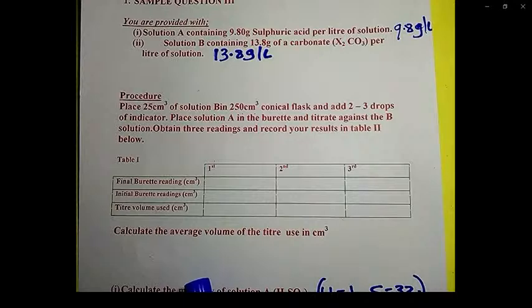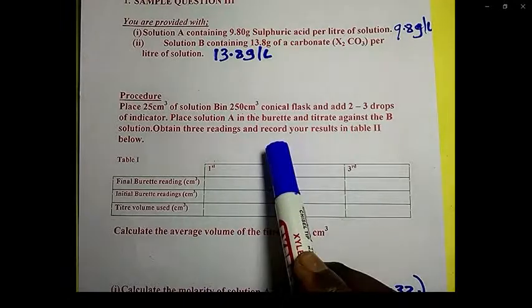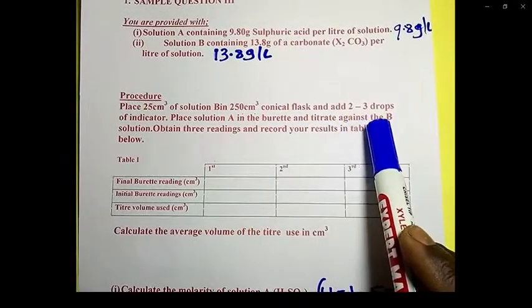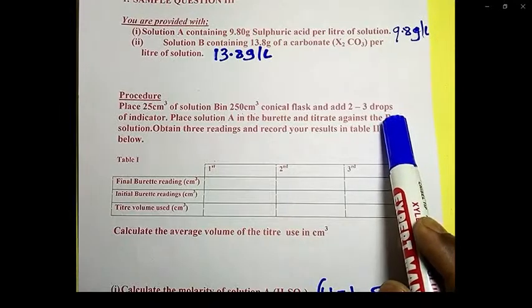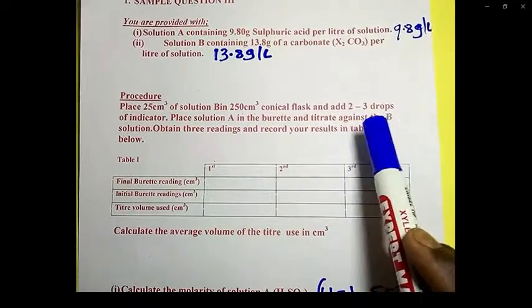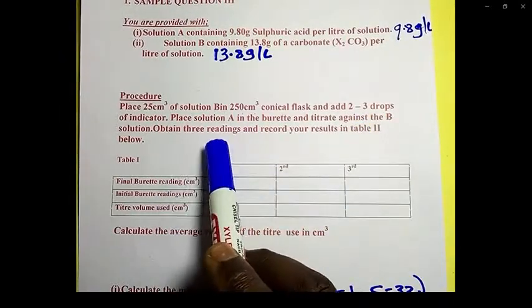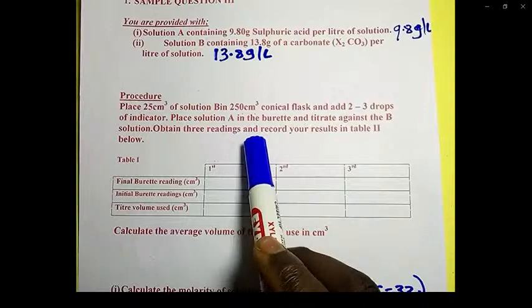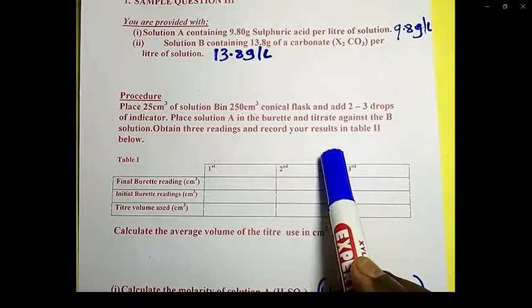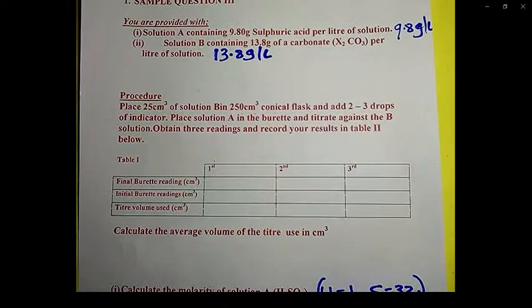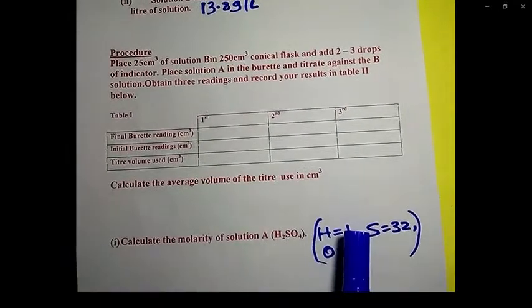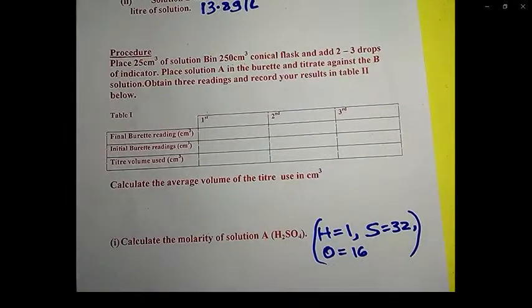Place solution A in the burette and titrate against solution B. Obtain 3 readings and record your results in table 1 below. So we have the values. We want to use these values.